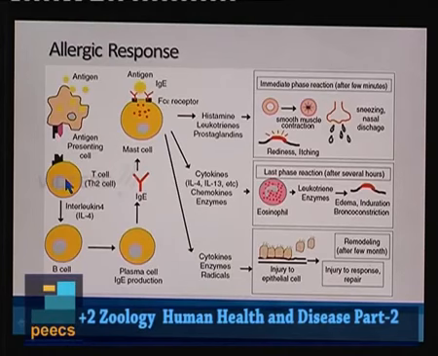The T helper cell is producing interleukin 4, and that interleukin 4 is activating the B cell, and the activated B cell will now produce plasma cells, and the plasma cell production will increase the amount of IgE, or immunoglobulin E, in the blood.